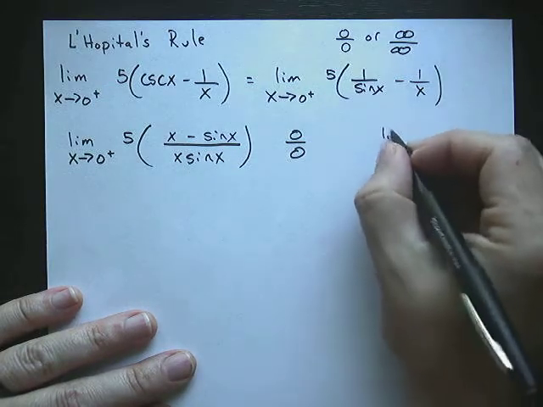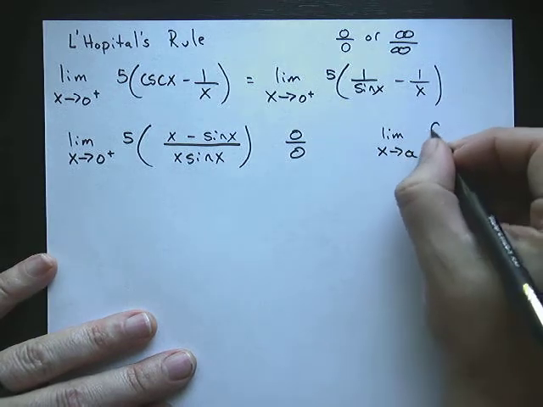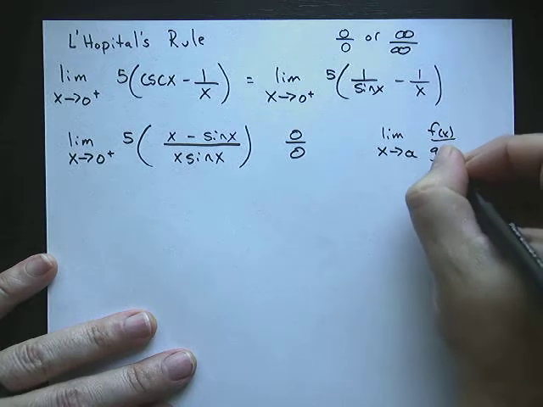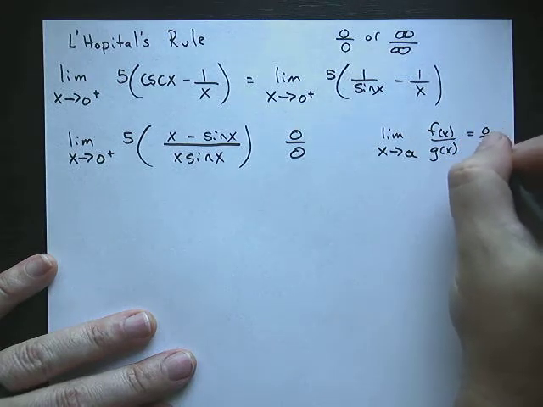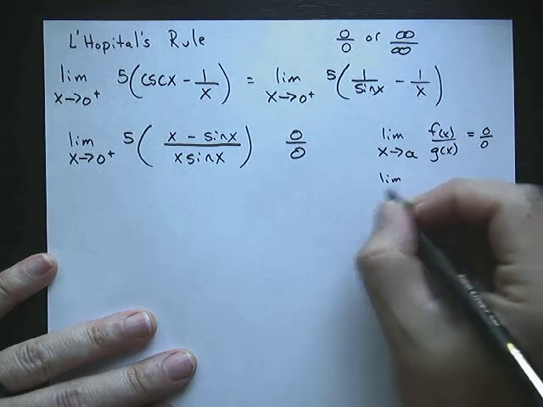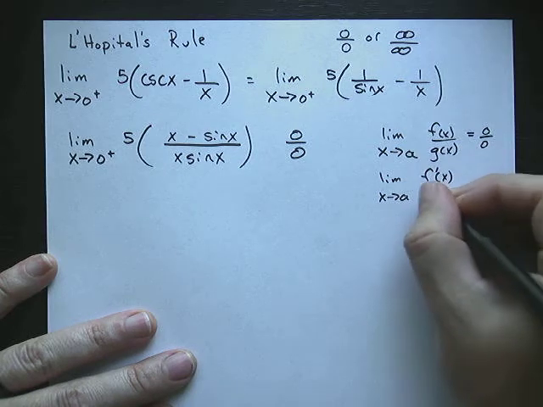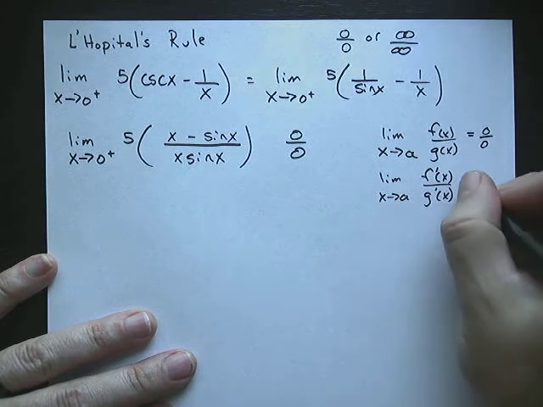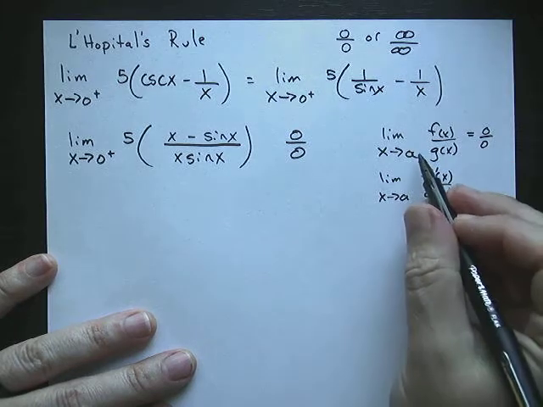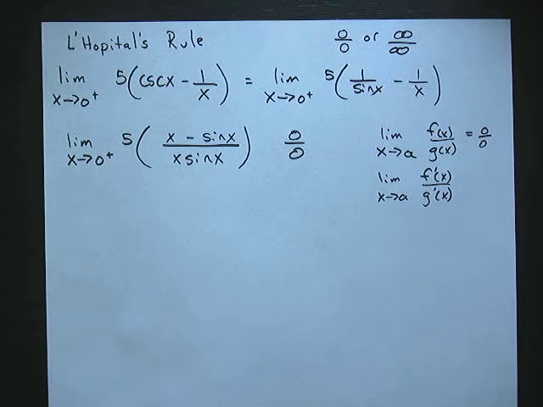So if you have the limit as x approaches, say, a of f of x over g of x, and that gives you either 0 over 0 or infinity over infinity, then you can take this limit of the derivatives and it will give you the correct answer to the limit. That's L'Hopital's rule.